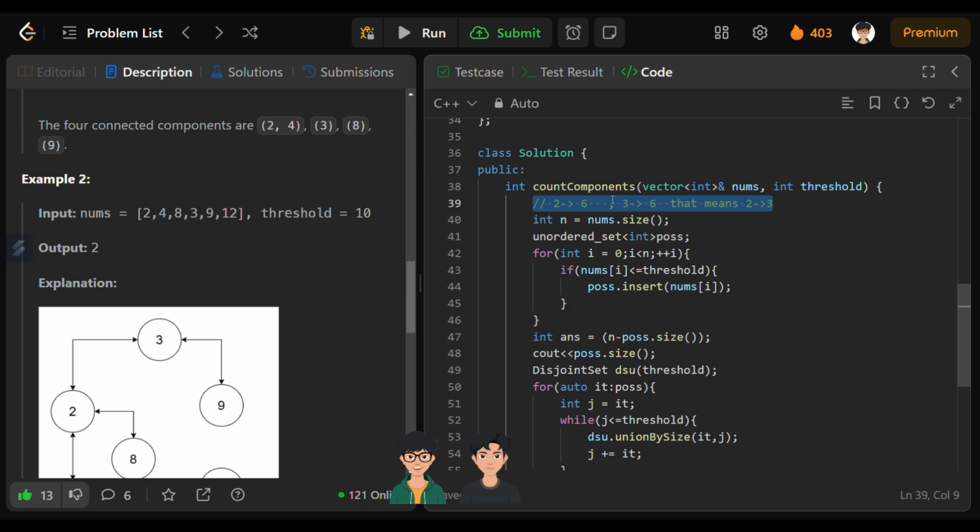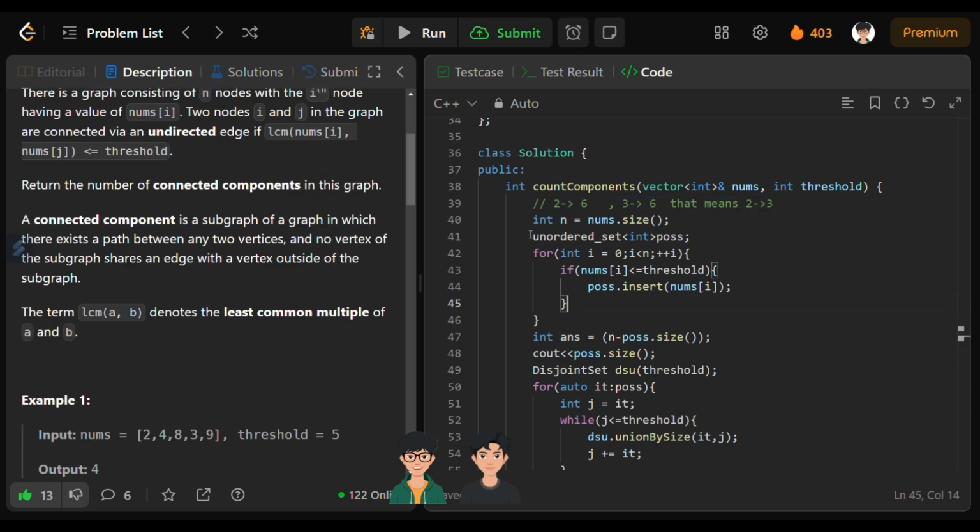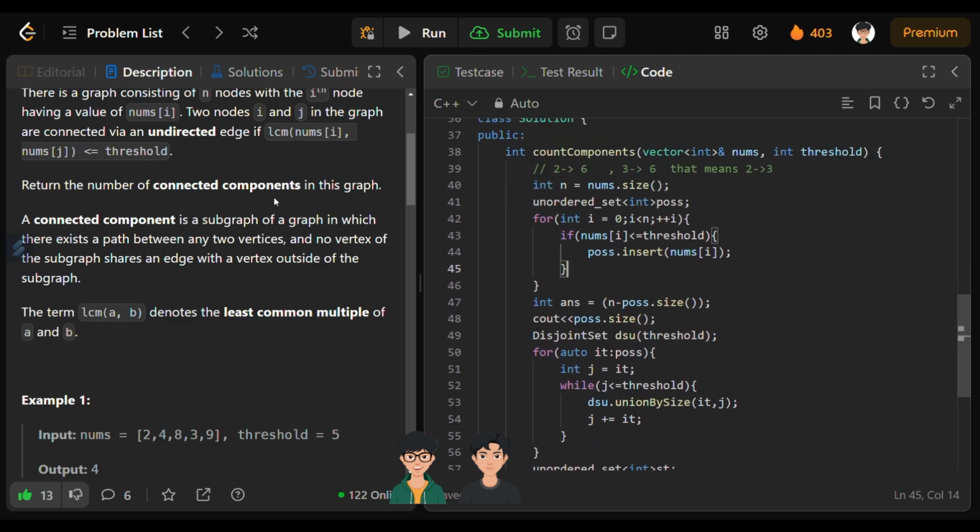LCM is 6, but it doesn't matter if you are including 12 also, because it will be in the same connected component. It will not affect the number of connected components, but it will affect the component size.